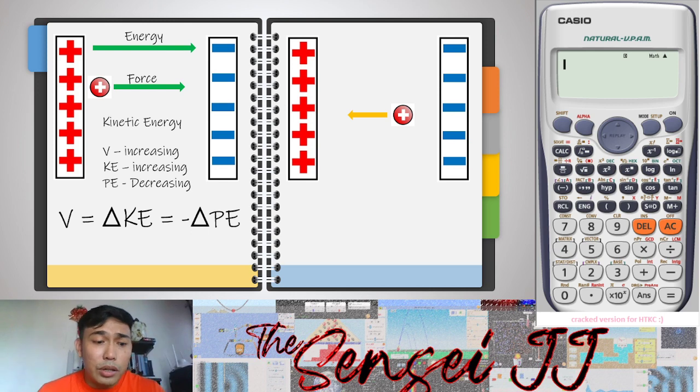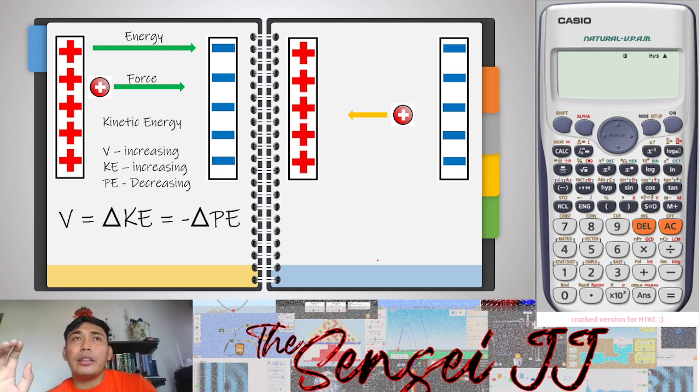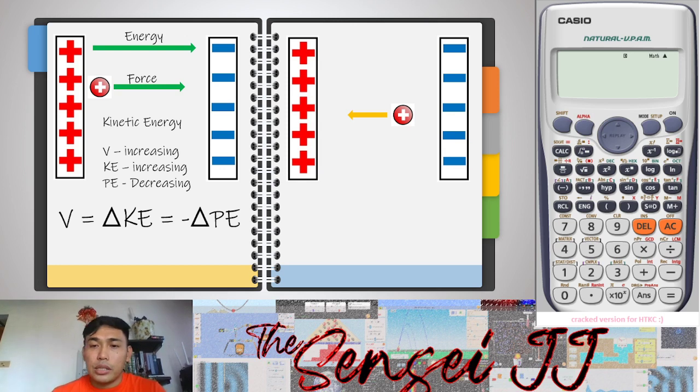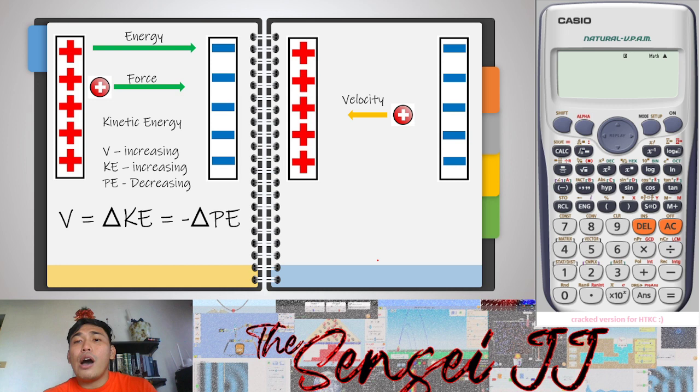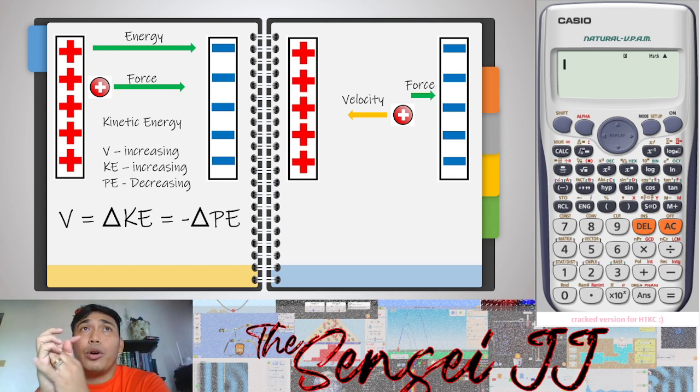Yes, it is possible. Okay, so how about that? So what will happen if an object or a particle is moving from the negative side going to the positive side? So what will happen? So the velocity here of our particle moving, the velocity direction is moving from negative side going to the positive side, but the force is going to the other side. So sir, bakit po?